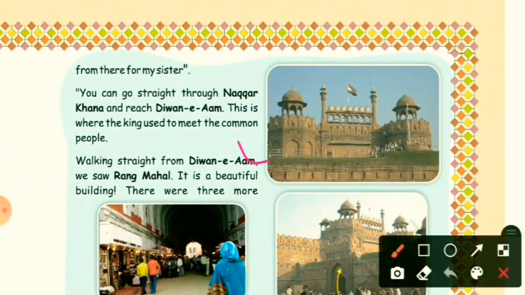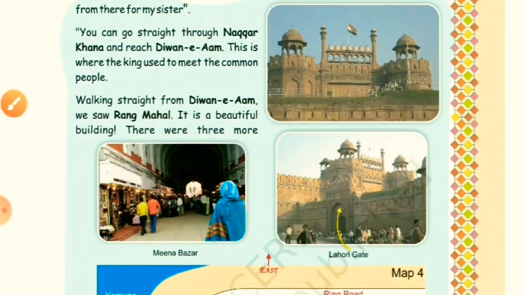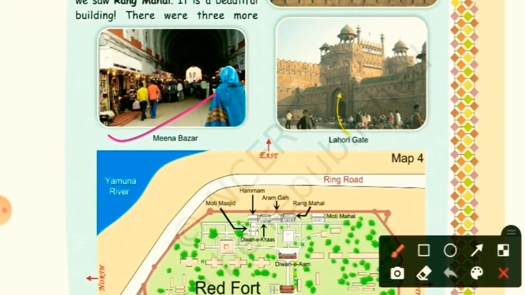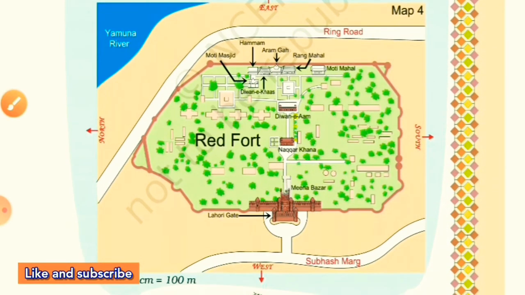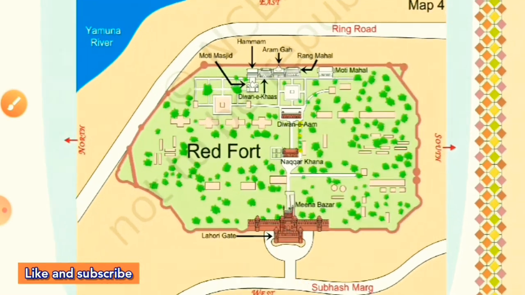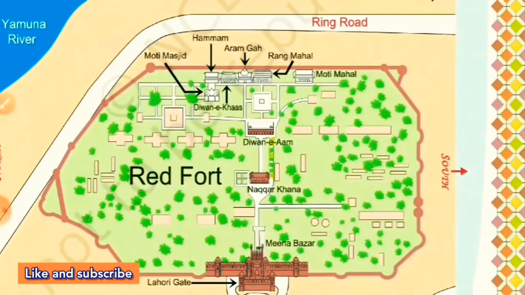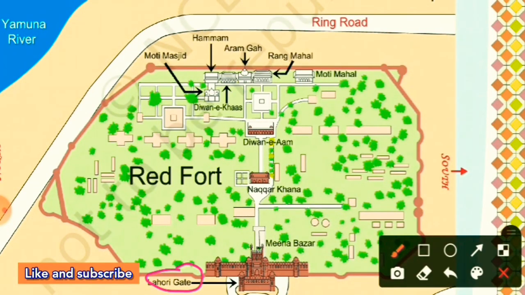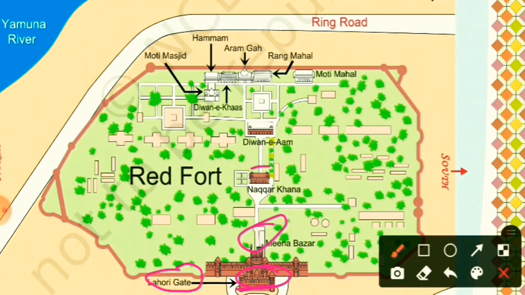So up here is Red Fort, and this is Meena Bazar. Lahori Gate is here, and here is the Red Fort map. So let me zoom it. Okay, so Lahori Gate is here, you can see it is mentioned here. Meena Bazar, then Nakkar Khana, Diwan-e-Am, Moti Mahal, this is Rang Mahal, Aramgah, this is Diwan-e-Khas, Hammam, and last is Moti Masjid.